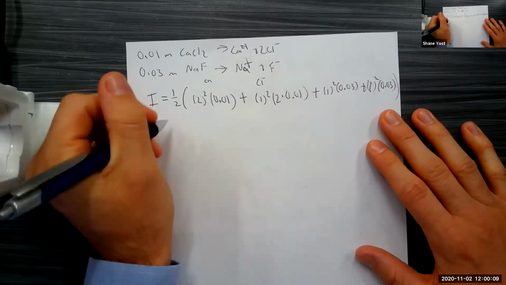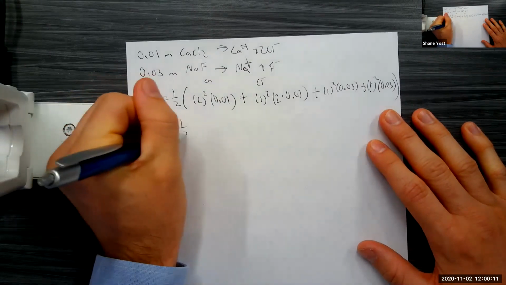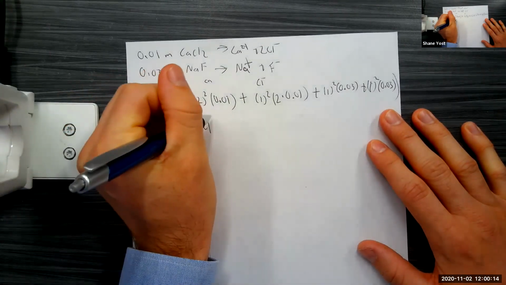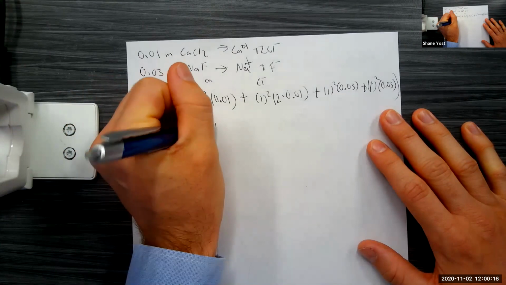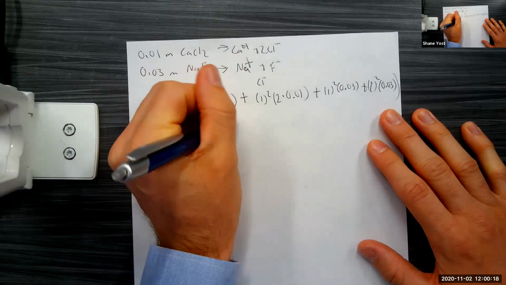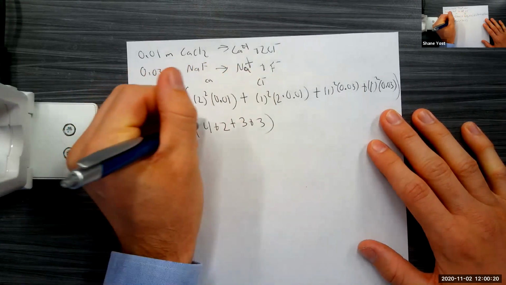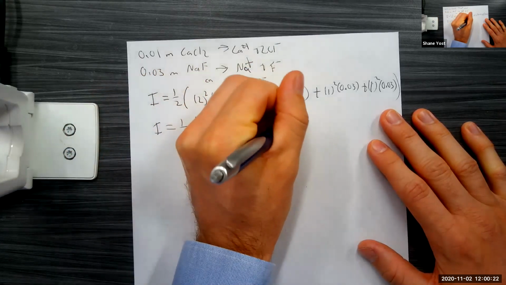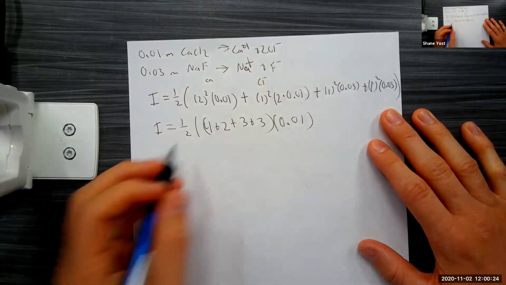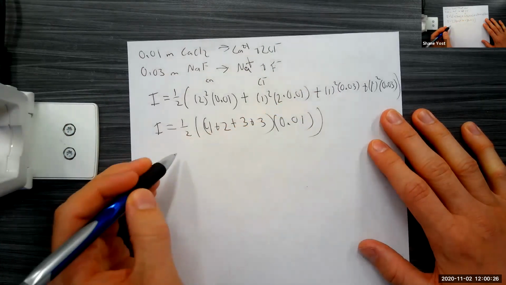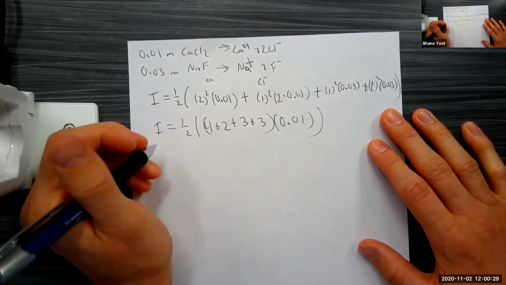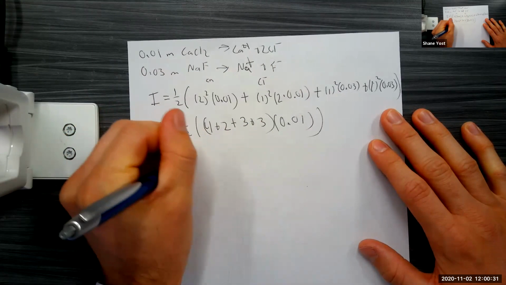So what is this? I equals 1/2 times (4 plus 2 plus 3) times 0.01. 6, 10, 12, so 0.06.